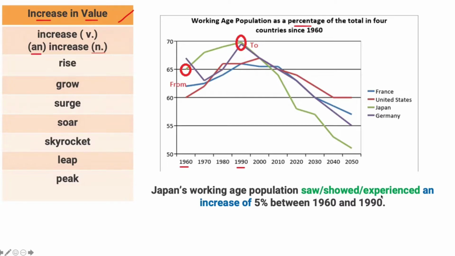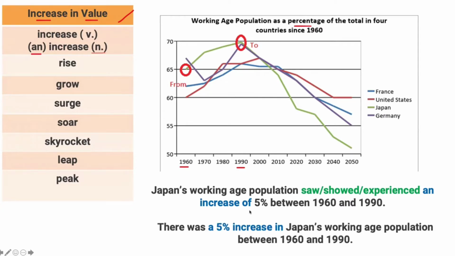And some really great examples are saw an increase, showed an increase, or of course, experienced an increase. I would definitely make note of these 3 verbs. They are very common to use with the noun of increase. And of course, you want to say an increase of because you're looking at a specific percent, a specific number.